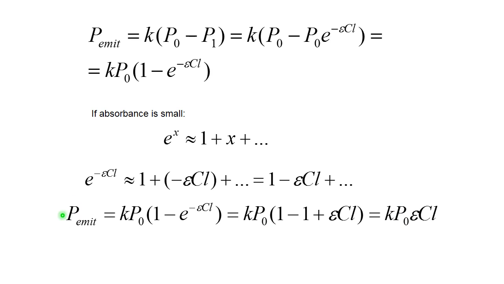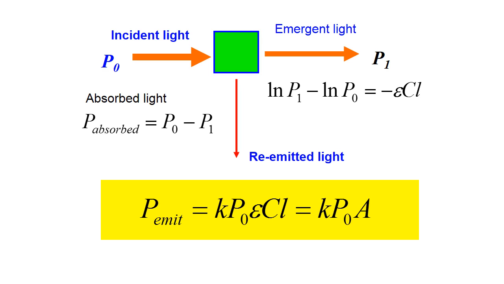So intensity of emitted light, if absorbance is small, is proportional to k, intensity of incident light, and then molar absorptivity, concentration, and length of cuvette. As a result, we have such a scheme.